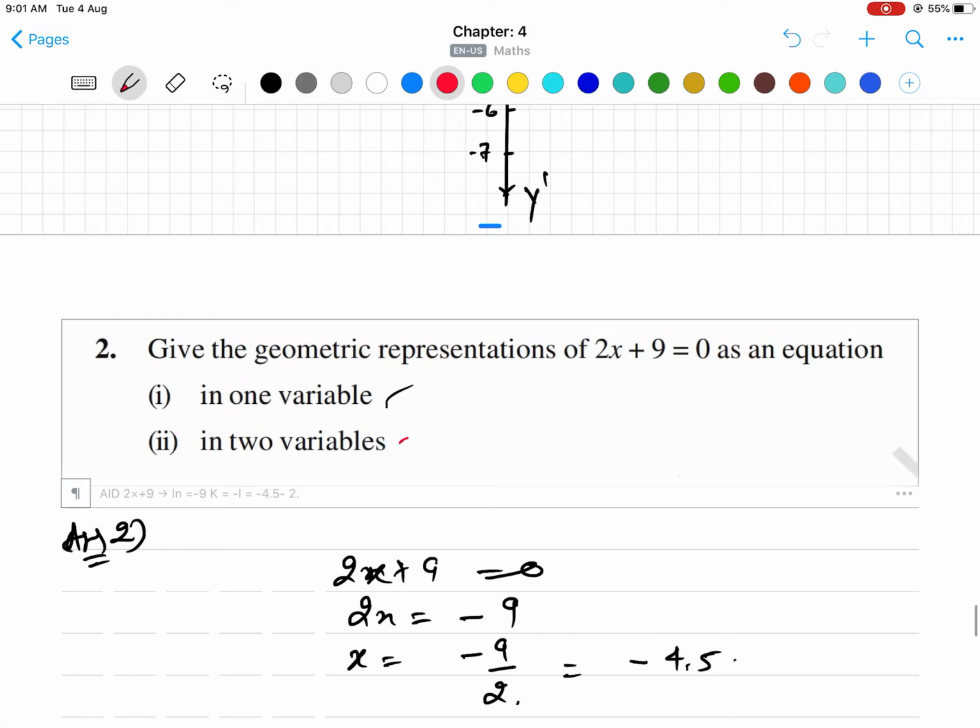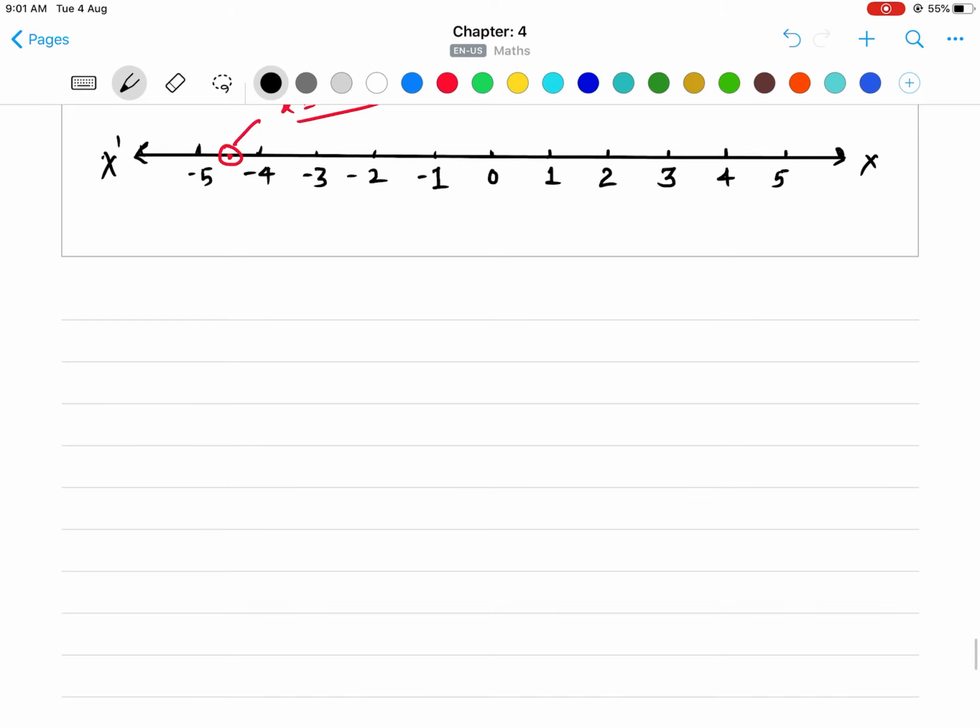Okay, now again we have to represent this in two variable, that means on the Cartesian plane. So in that case we have the equation, or you can write this as the original equation, which is 2x plus 9 equal to 0.